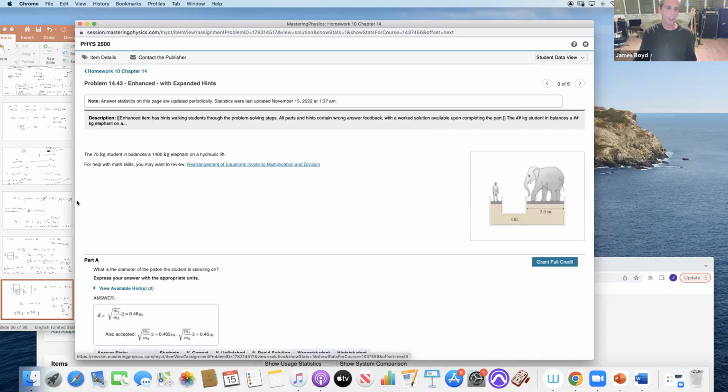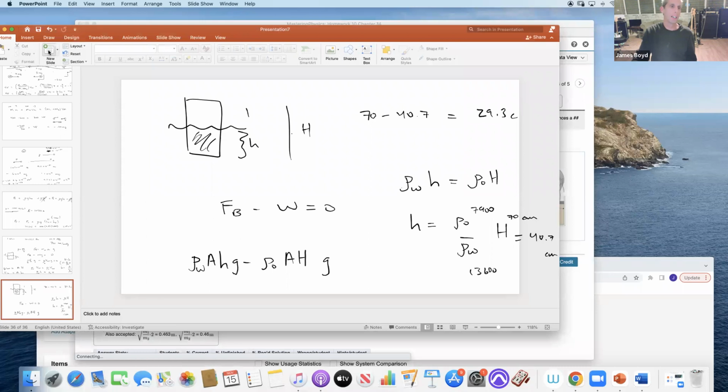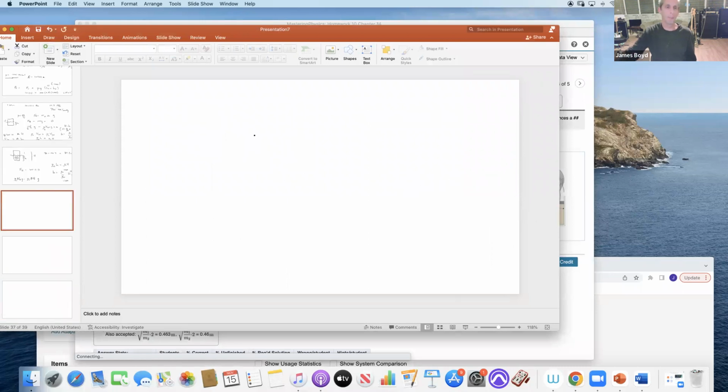Now in this one, Pascal's principle says that the pressure in is equal to the pressure out, but that means force over area is equal to force over area.